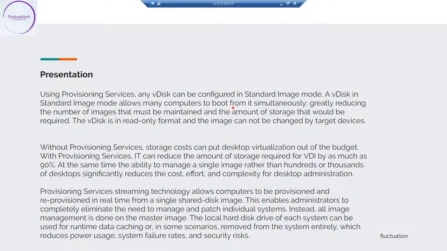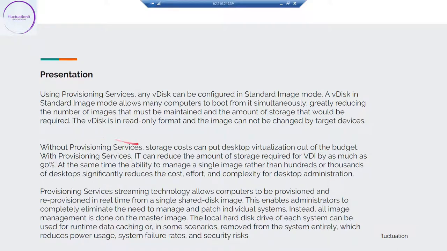Of course, a company prefers to manage its storage rather than add new storage. This is the best practice. The vDisk is a read-only format, and the image cannot be changed by target devices. We'll see after that we have some cache.